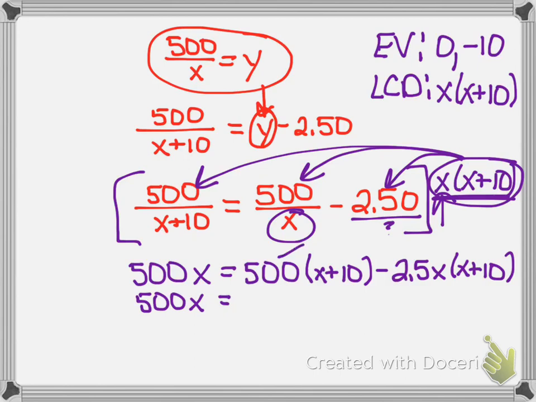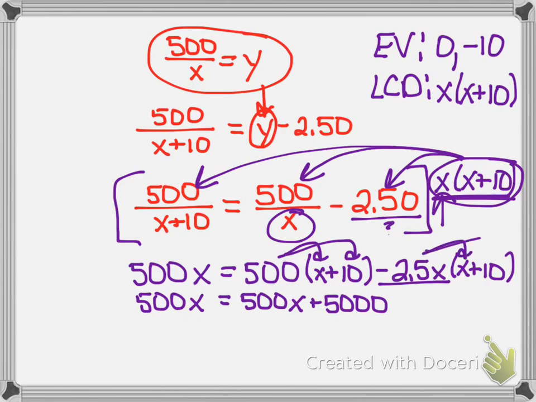The right side, when we distribute through this set of parentheses right here, we get 500x plus 5,000. And then when we take this and distribute through its parentheses, we get minus 2.5x squared minus 25x.